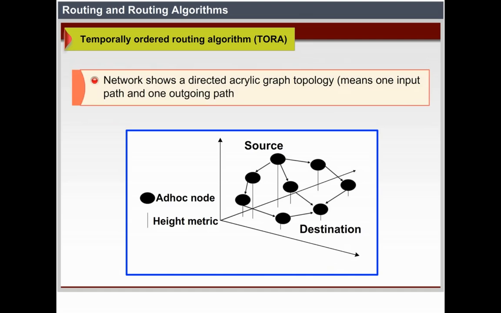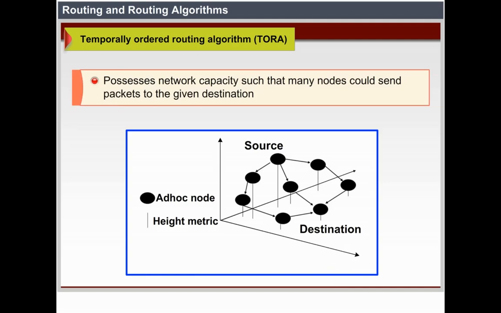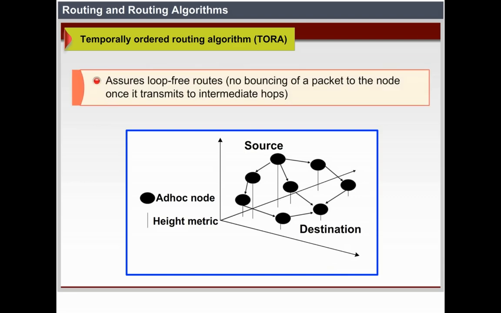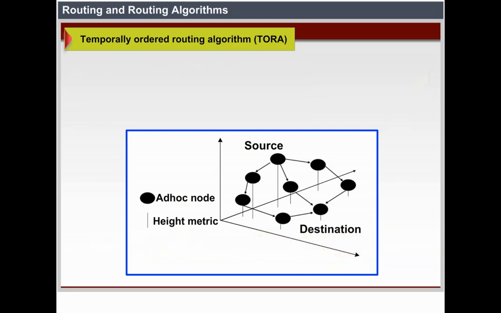The network shows a directed acyclic graph topology, meaning one input path and one outgoing path. It possesses network capacity such that many nodes can send packets to a given destination. It guarantees loop-free routes, no bouncing of a packet to a node once it transmits to intermediate hops.